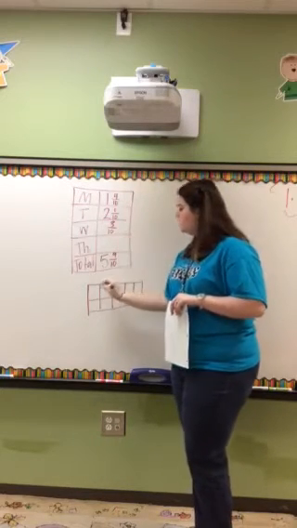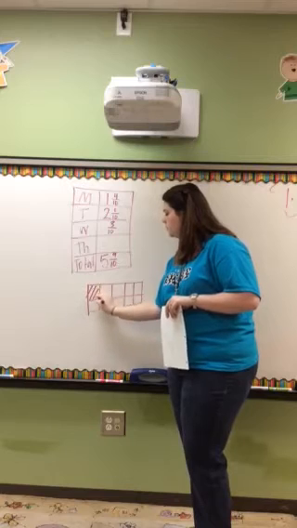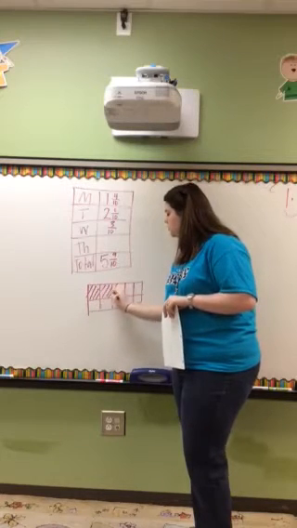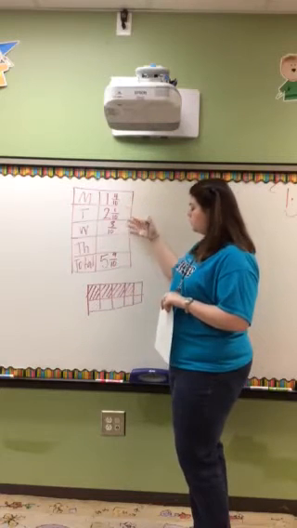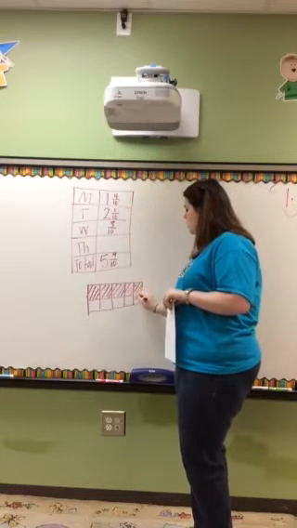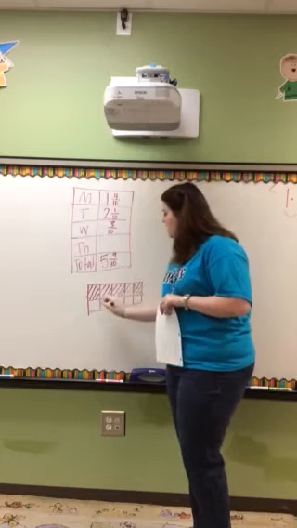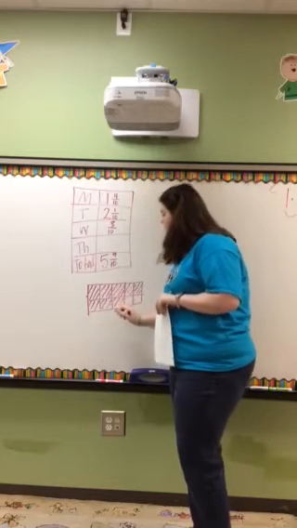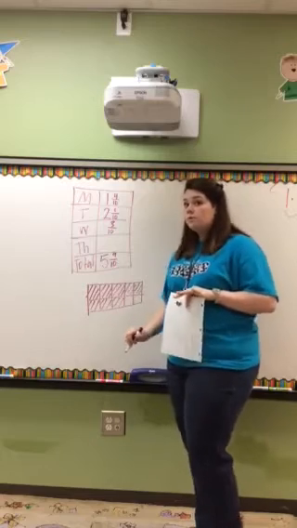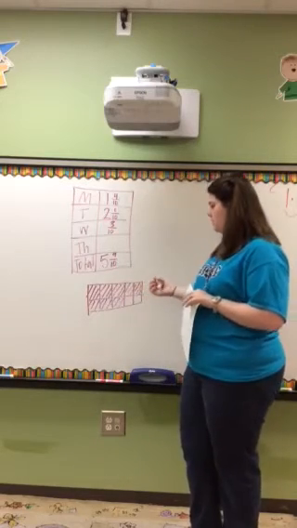So on Monday, she did 1, 2, 3, 4/10. On Tuesday, she walked another 1/10. And on Wednesday, she walked 3/10. So 1, 2, 3. Now total, remember, she needs 9/10 of a mile.